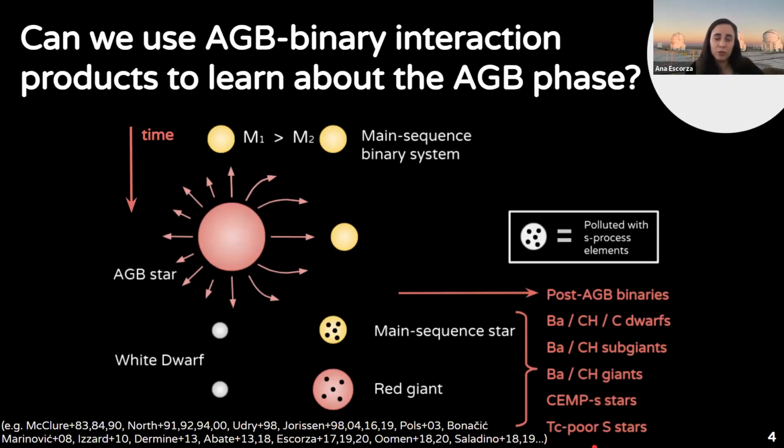And this question is not new. This is not a proposal that I'm coming up with just this week. There's been a lot of work since barium stars or the other related families were discovered, trying to use these objects to understand the AGB phase and to understand the interaction of AGB stars with their companions better.